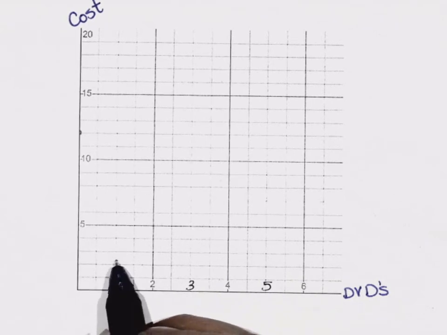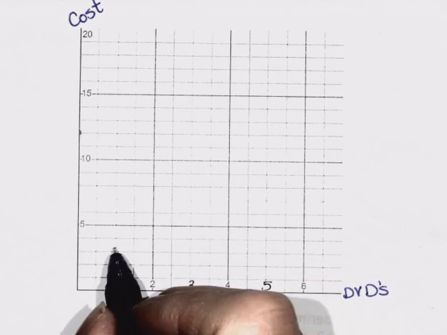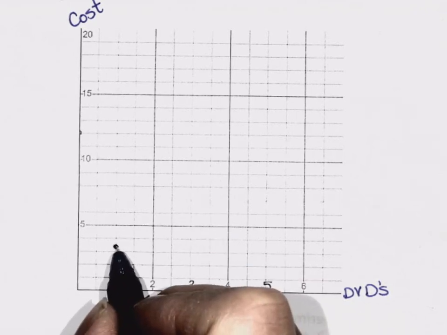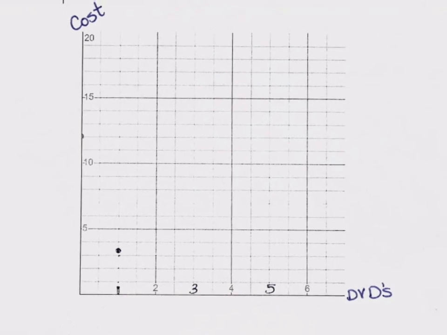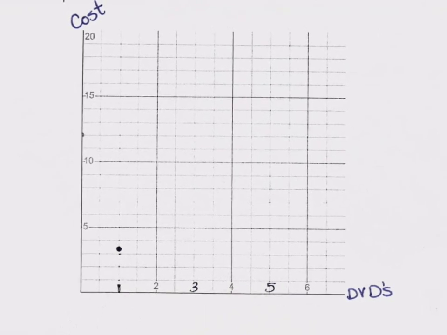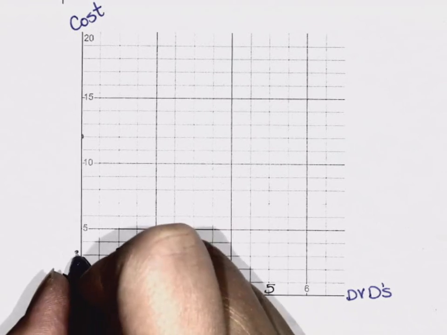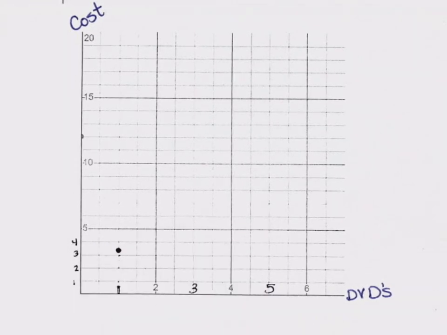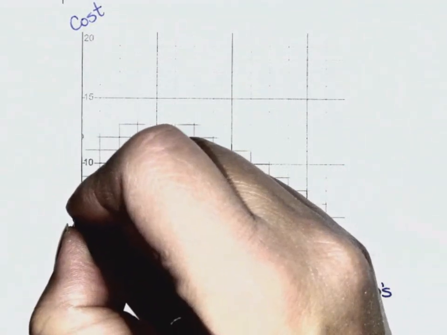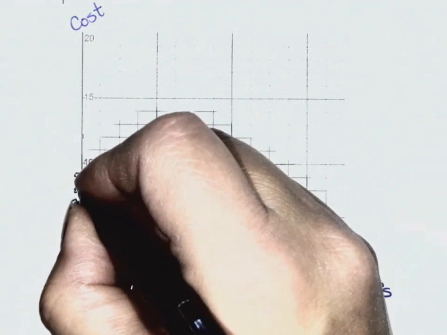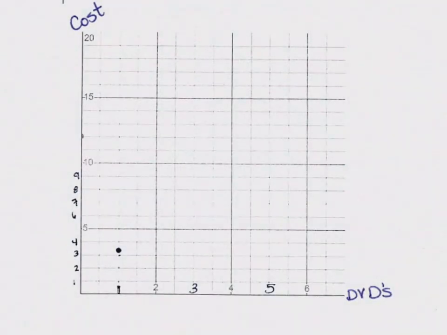So $1, $2, $3. So I'm going to be right in the middle between $3 and $4. Everybody got that graphed? And if it makes more sense to you, do the 1, 2, 3, 4, and then 5, and this would be 6, 7, 8, 9. If that makes more sense to you to put all the numbers in there, sometimes that helps my brain. If you guys can see it, that's awesome.